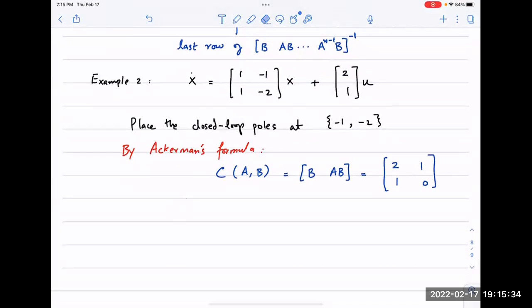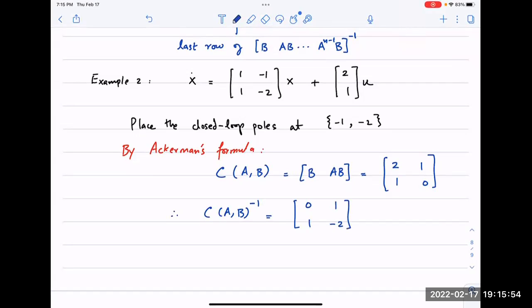Therefore the controllability matrix inverse is going to be the inverse of this, and it turns out to be [0, 1; 1, minus 2].